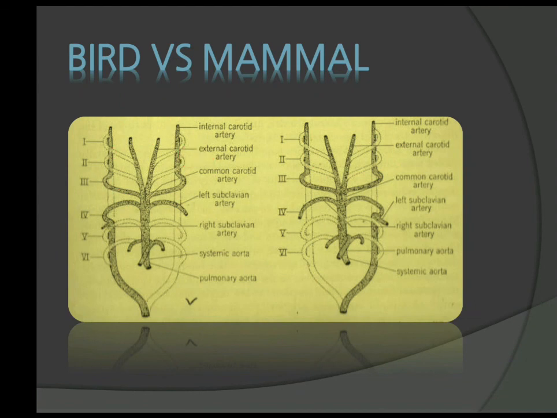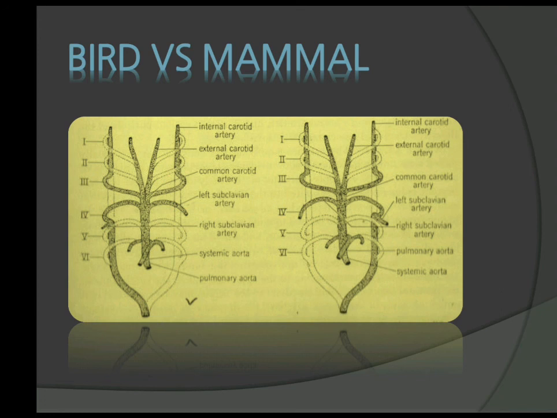Here we have number 1, 2, 5 absent. Same in the case of the birds, we have them absent. If you take the case of the dorsal aorta, on the left side it is absent in birds, on the right side it is absent in mammals. So this is a comparison of both the birds and the mammals.